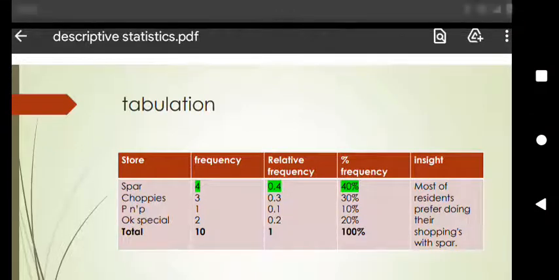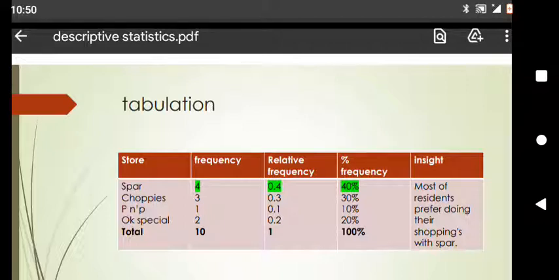If it's 3 over 10, then 0.3. 1 over 10, then 0.1.